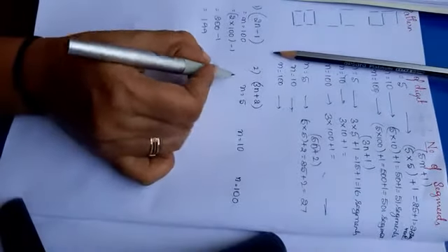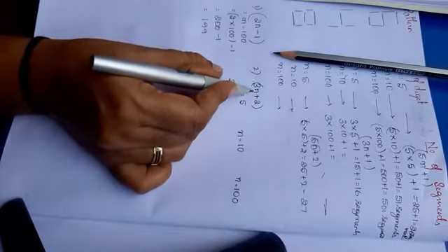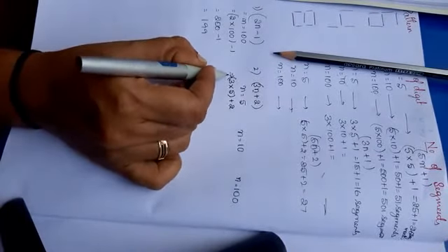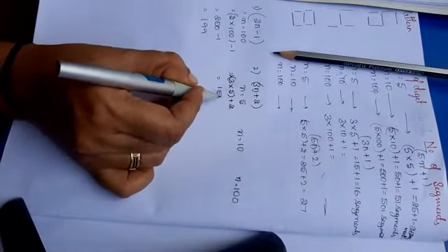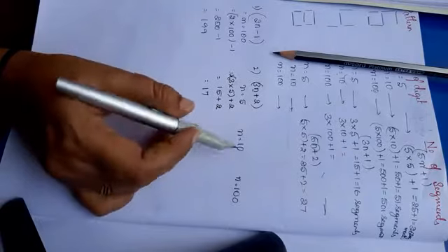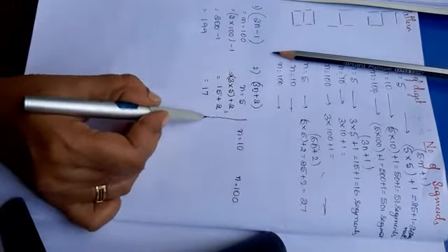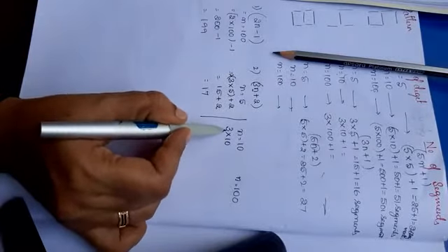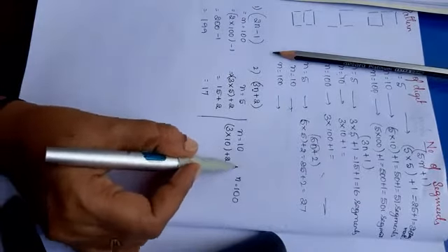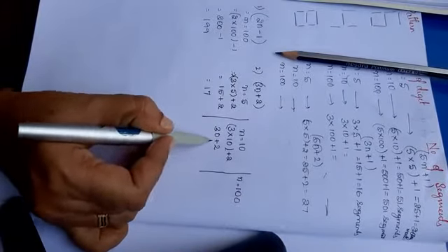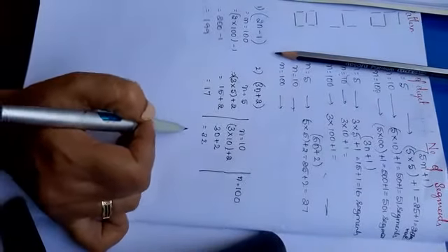So what is the expression? This. So 3 into n, n value is 5, plus 2. 3 5s are 15. 15 plus 2, 17. Again n equals 10. So here 3 into n means 10, plus 2. 3 10s are 30, plus 2, so equals 32.